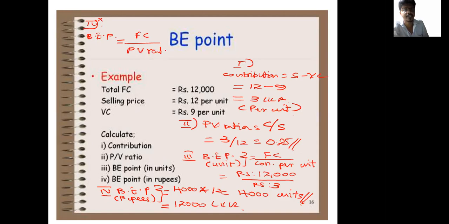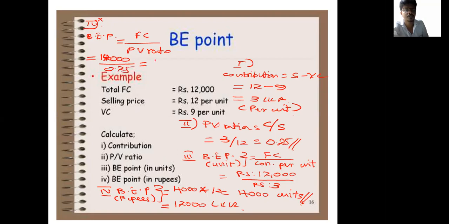Fixed cost 12,000 divided by PV ratio 0.25.